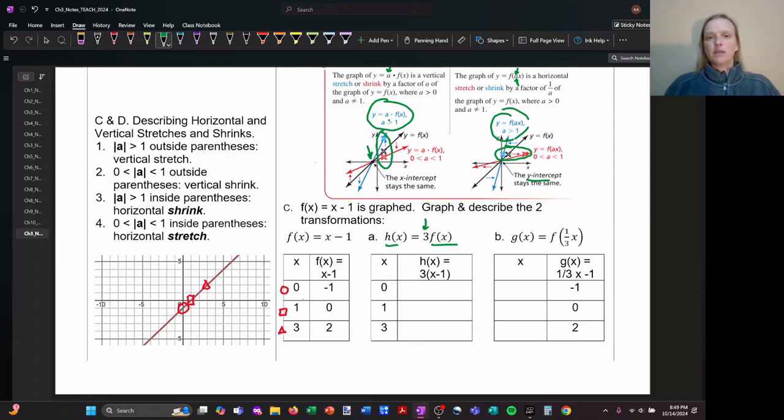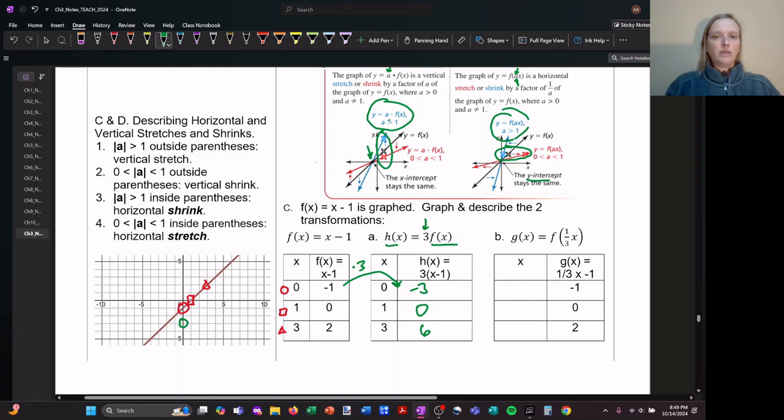So I'm going to plug in 0, and then what do I get out? I get my output. I basically just multiply times 3. So -1 times 3 is -3. 0 times 3 is 0, and 2 times 3 is 6. So if I graph all of these points, I now have a point at 0 and -3 down here.